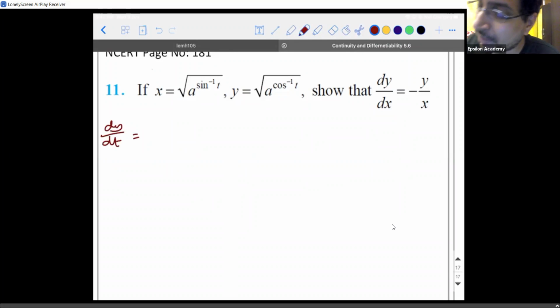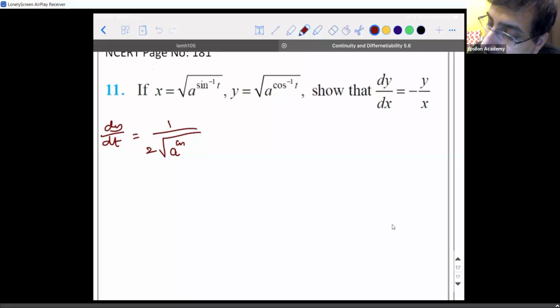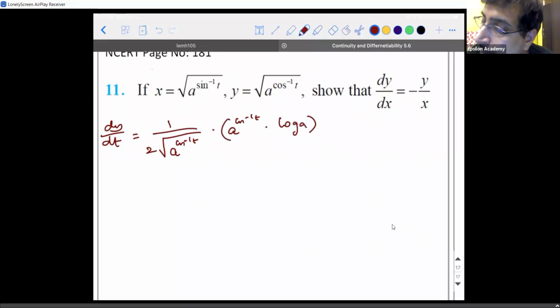dy by dt is equal to 1 by 2 root of a power cos inverse of t into, what is the derivative of a power cos inverse of t? It is a power cos inverse of t into log a multiplied with the derivative of cos inverse t, which is minus 1 by root of 1 minus x square.